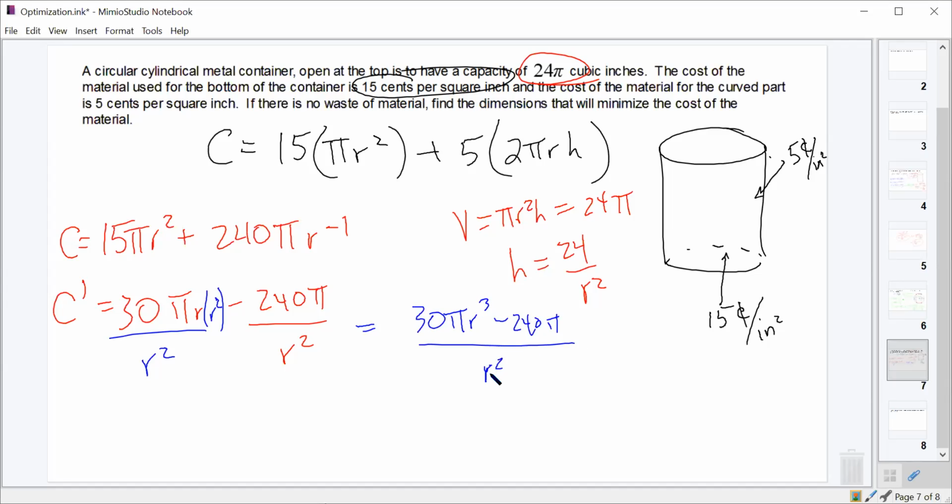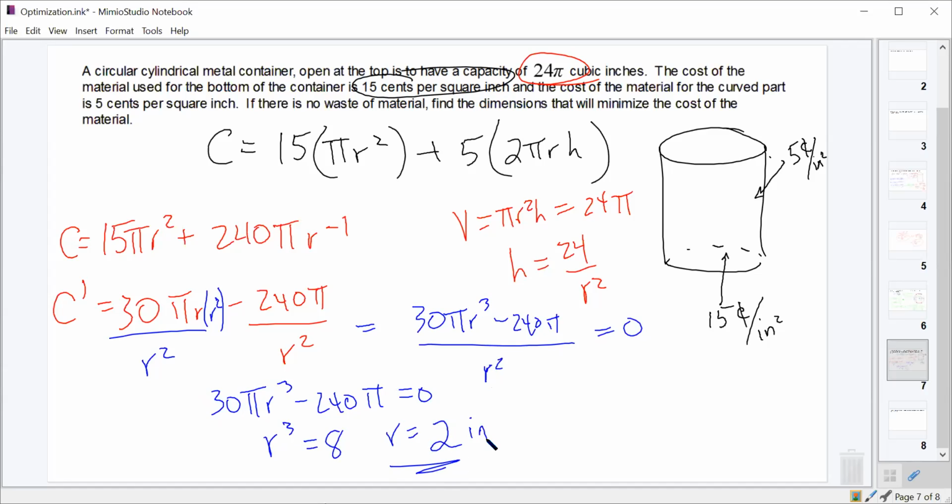And that'd be undefined if r is 0, which again makes no sense for a cylinder. Or when would that equal 0? If 30 pi r cubed minus 240 pi equals 0. Add the 240 pi and divide by 30 pi, r cubed would be 8, or r would be 2. And what is that? 2 inches, I think, right?